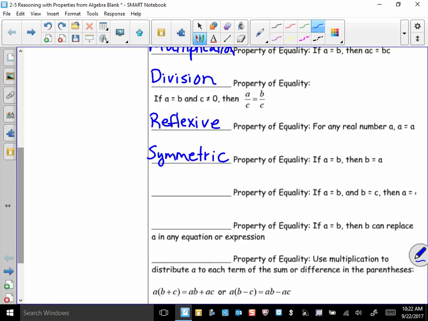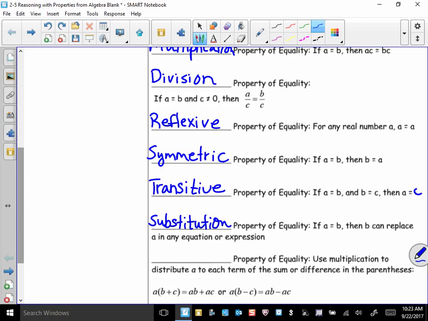And if A equals B and B equals C, then A equals C. That doesn't show up on my board. I don't know if it showed up on your paper, but that is the transitive property. Remember, it's kind of like the law of syllogism, transitive property of equality. And if A equals B, then I can replace anything in any equation with B. If A equals B, I can replace any A with B. That's the substitution property of equality.